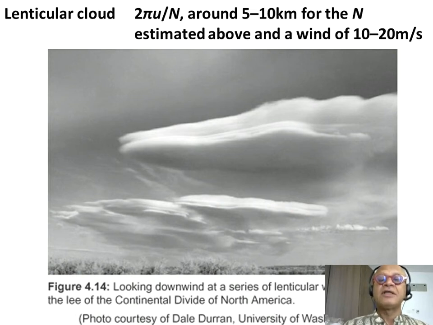There are places, this is the continental divide of North America, where the Rocky Mountains provide a nice long north-south range of mountains that are in the way of the westerlies, which are forced to rise. In fact, there are some studies that show that the waves generated by the Rockies go all the way to Europe, and may in fact be responsible for picking up the heat from the Gulf Stream region and taking it over to Europe.